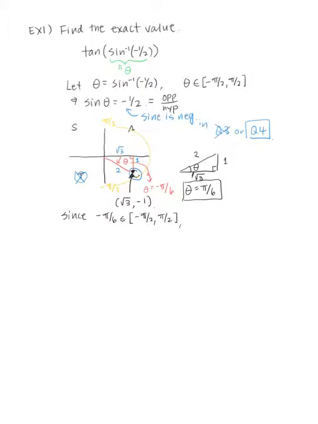In this case, sine of theta equals negative 1/2. That implies that theta must be negative pi over 6. But our theta, I wrote it out in green over there, was nothing but sine inverse of negative 1/2. So let me insert that.